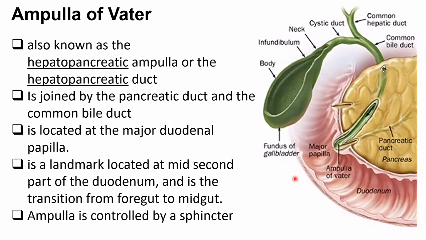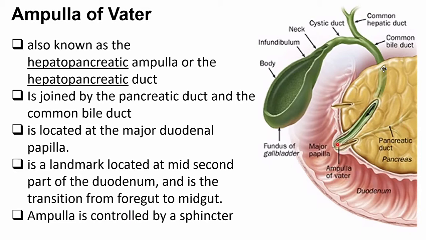The ampulla of Vater is also known as the hepatopancreatic ampulla. Hepato means coming from the liver, and pancreatic, coming from the pancreas. The hepatopancreatic ampulla is the ampulla of Vater, or hepatopancreatic duct.